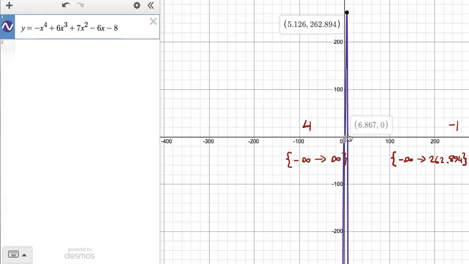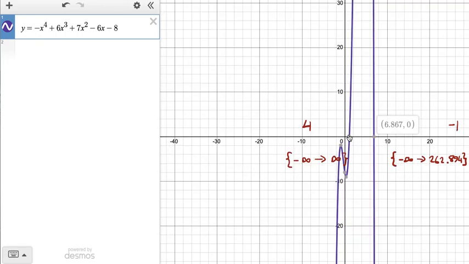And then we can start looking at our x-intercepts. We're not concerned about y-intercepts right now. Our x-intercepts are 1.085 and 6.867.